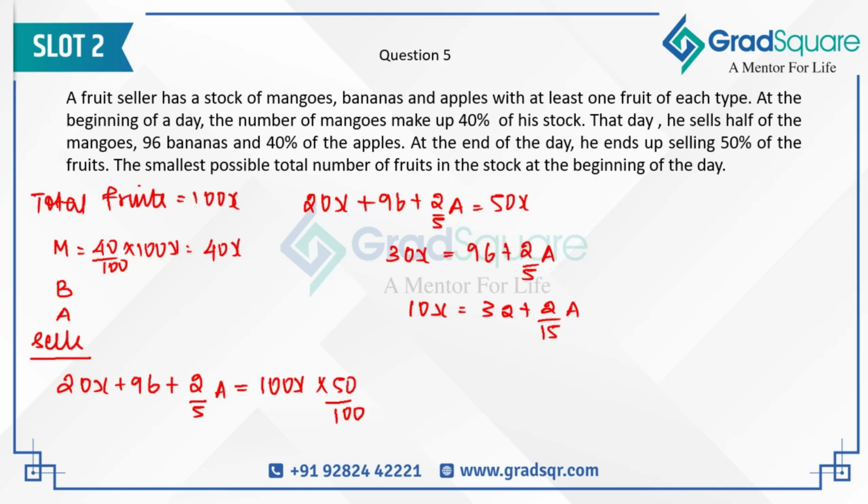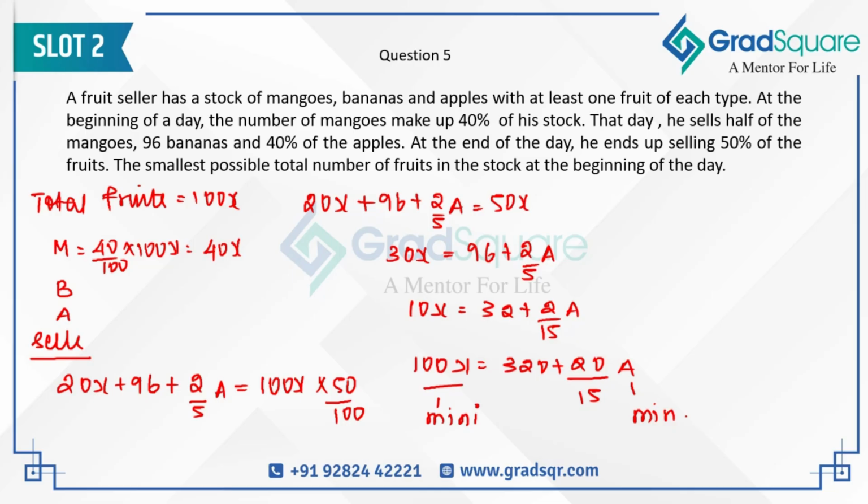Okay, and I have to find the value of 100x now, so I'm going to multiply this equation by 10. So this is going to be 100x equal to 320 plus 20 by 15 times A. So for 100x to be the smallest possible value, A has to be the smallest possible value, and the number of fruits has to be an integral value.